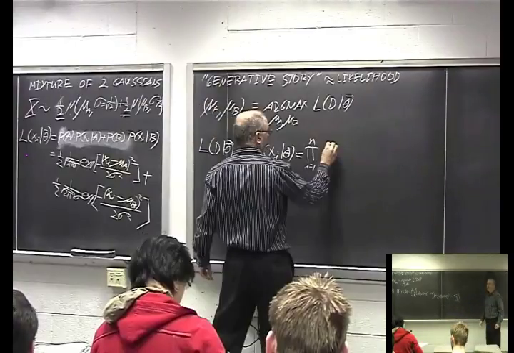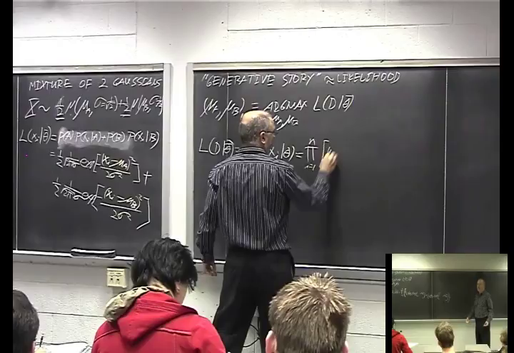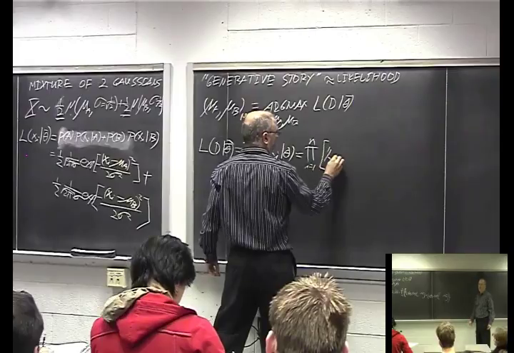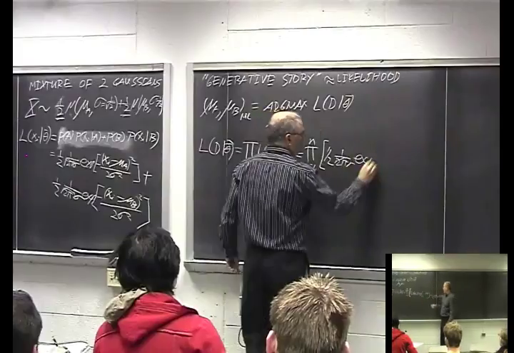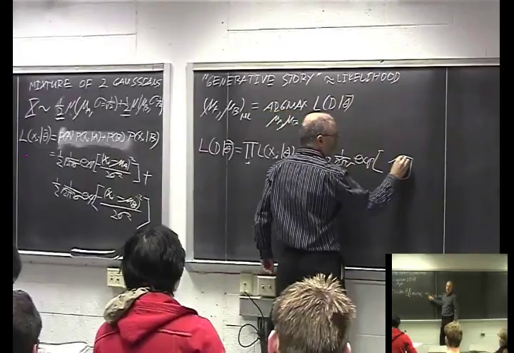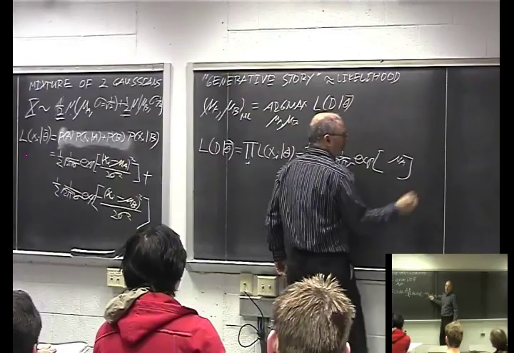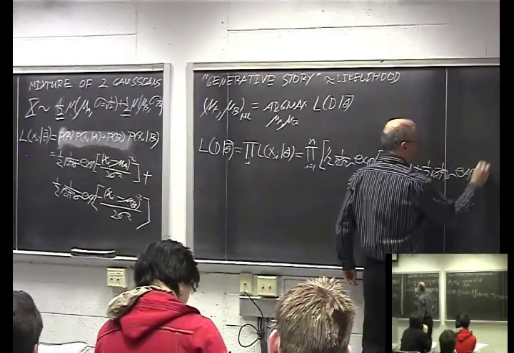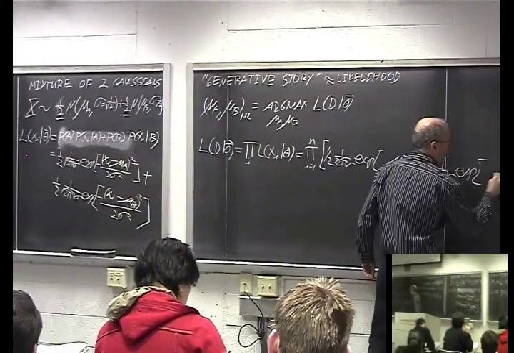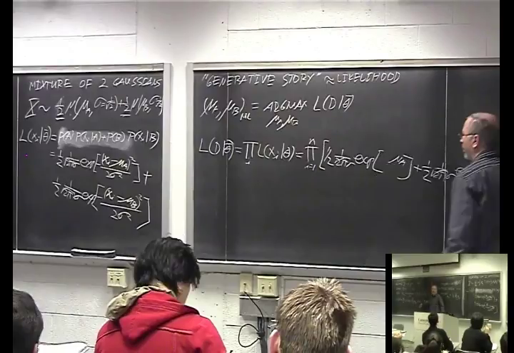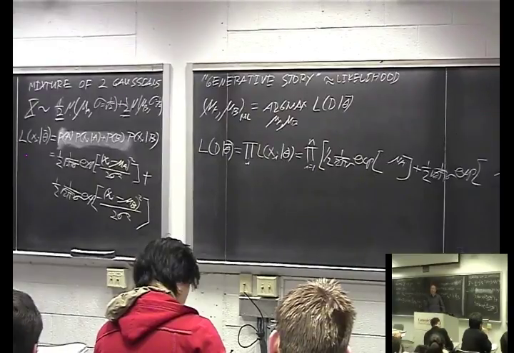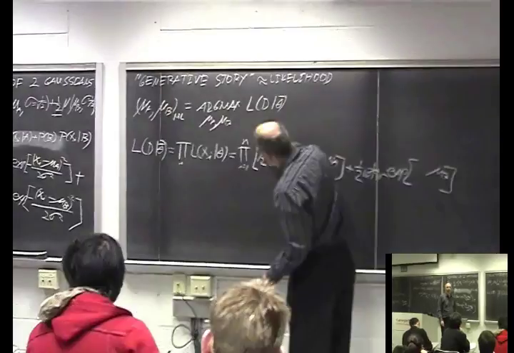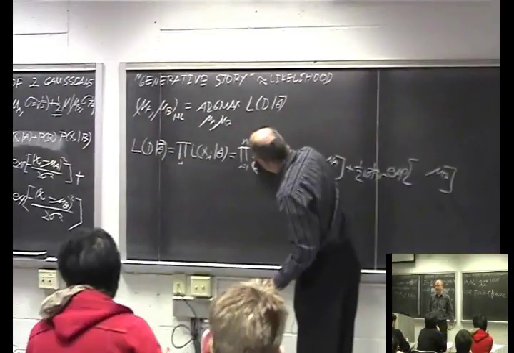Does anybody see my problem here? I have a math or arithmetic or calculus problem. I have a product of a sum. How am I going to find the maximum of that? When I was here, I just had a product of a single item, so I could take the log, and that would turn it into a nice sum.